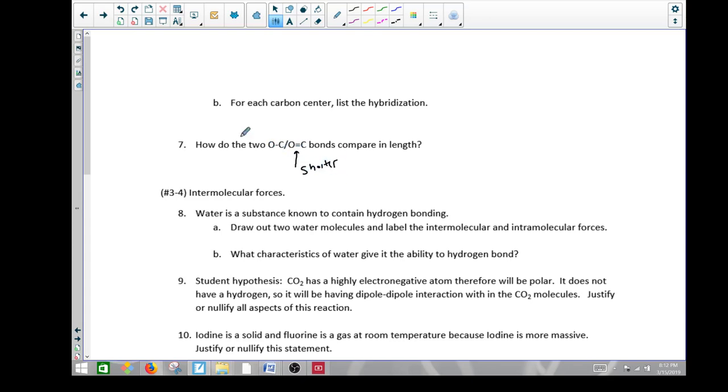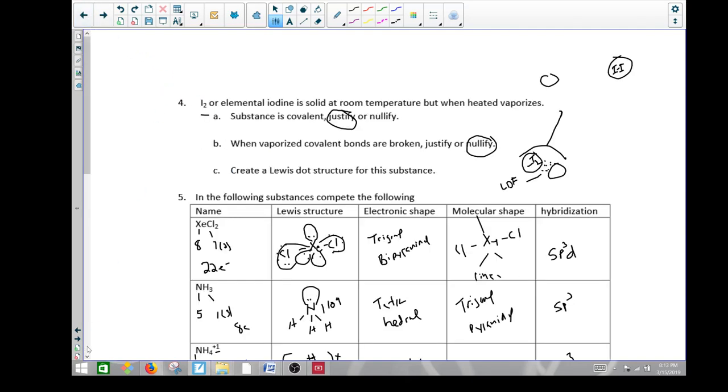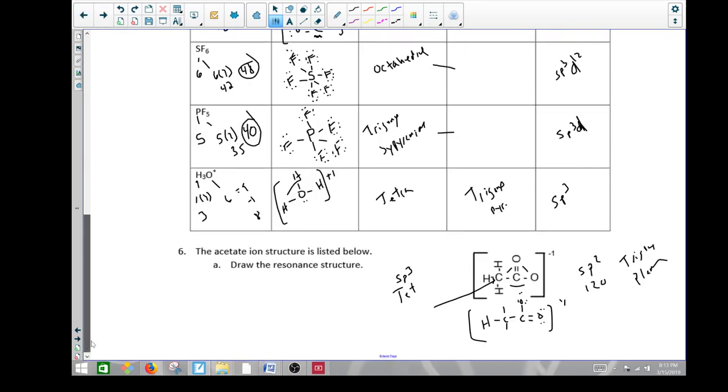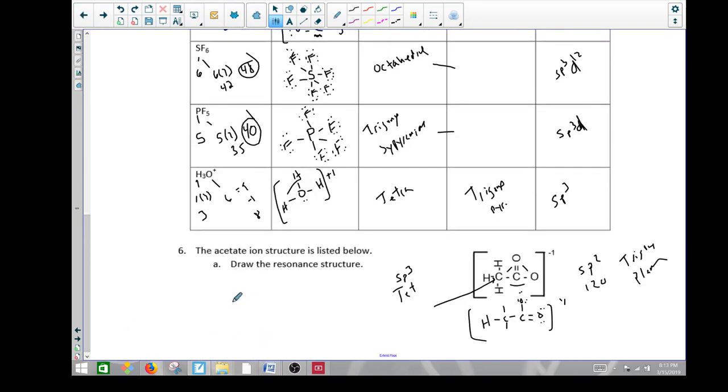Now, we know double bonds are shorter, but in this situation, we do have a resonance structure. So a straight double bond would be shortest, but this actually has a bond order of 1.5. So even though it's shorter, that's the answer to the question.